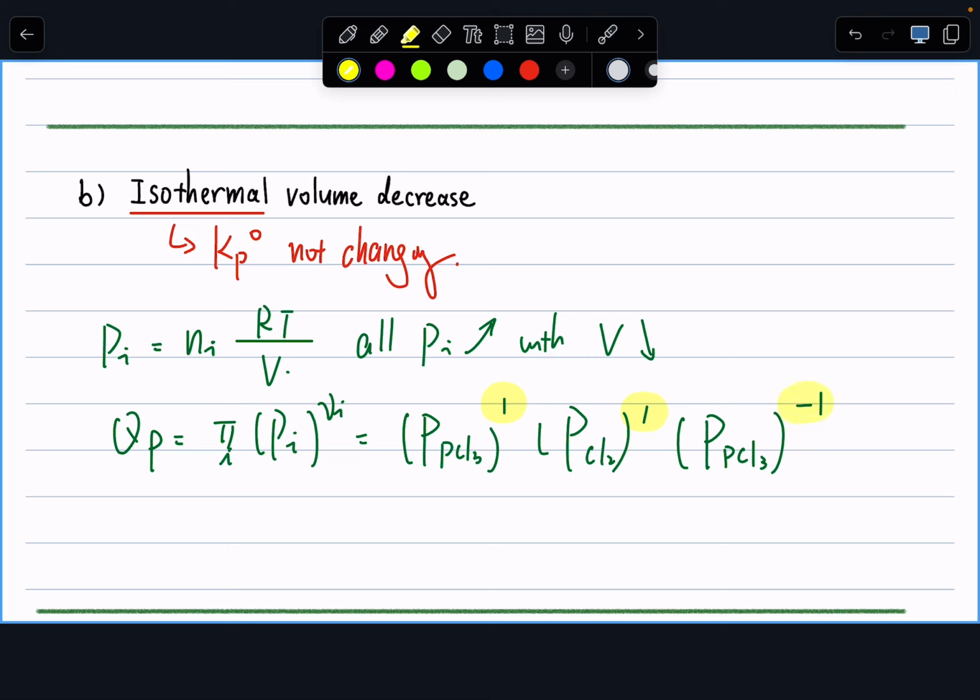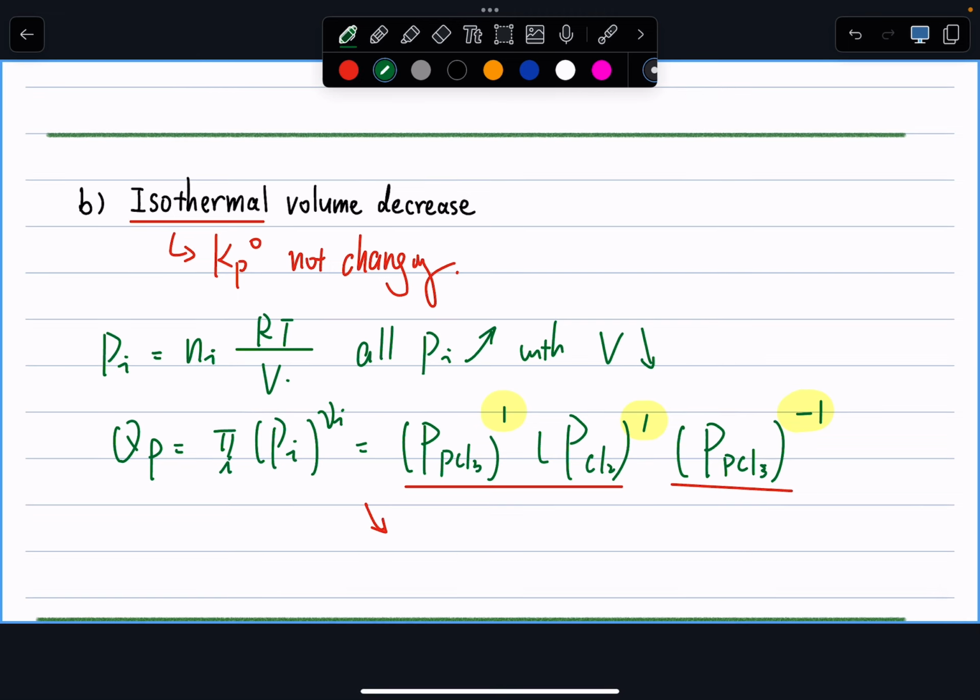We have 2 gases in the product, 1 in the reactant. So the product gases on the top change more, compared to the one on the bottom. My Qp will be smaller than my Kp.